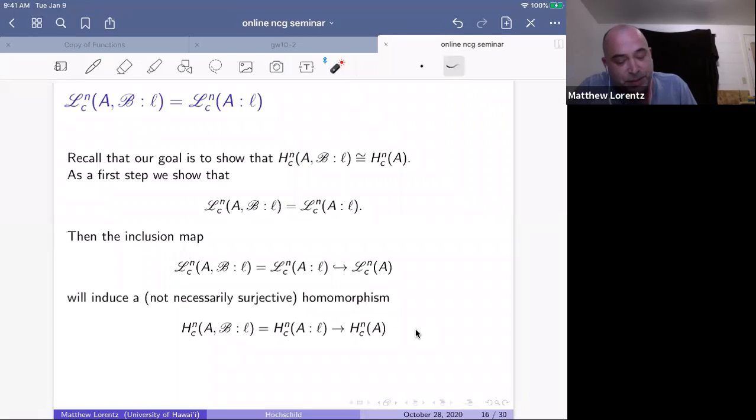As a first step, I'm going to show that being L-infinity multimodular means that they have to land back in the uniform Roe algebra. They can't break outside of it. And so we will have a not necessarily surjective homomorphism between what we're trying to show as isomorphic.